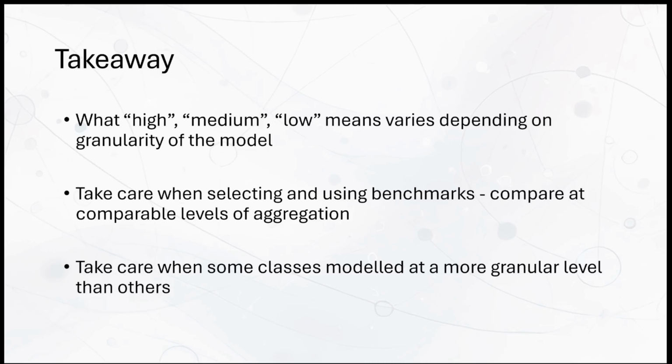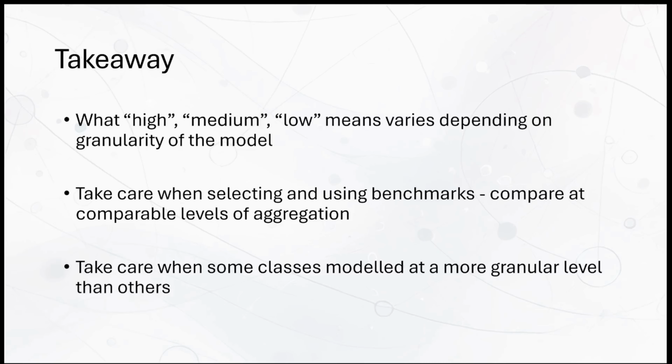In particular, if you've got a model where some of your divisions, some of your lines are split out into very granular modeling classes, whereas others are much more coarse, then your matrix will have potentially quite a strange shape, and having flat correlations across that matrix may not really make sense, because the more aggregated classes and the more granular classes should have a different level of what high, medium, low means.